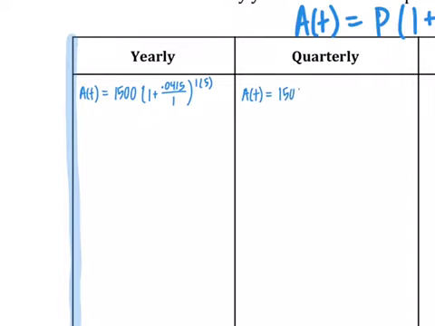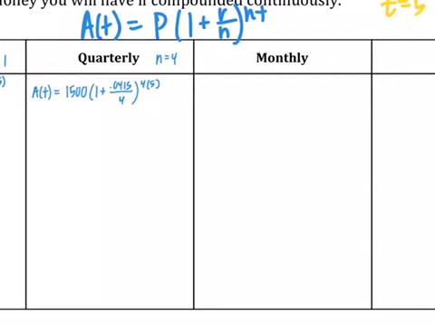I'd have 1,500 times 1 plus 0.0415 divided by 4. Quarterly means we are going to be compounding 4 times a year. And so then that would be raised to the 4 times 5. So remember, yearly N is 1, quarterly N is 4. Then we've got monthly. Monthly would be 12 months in a year. So we'd have A of T equals 1,500 times 1 plus 0.0415 divided by 12 to the 12 times 5.